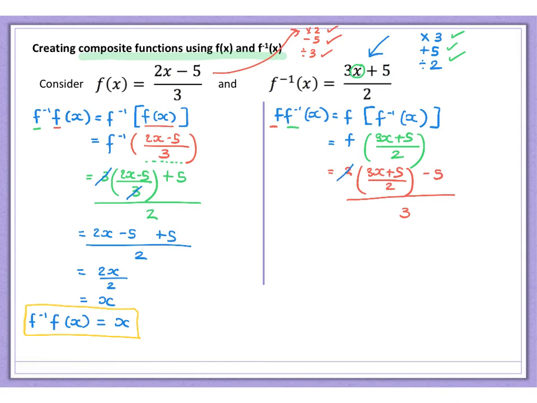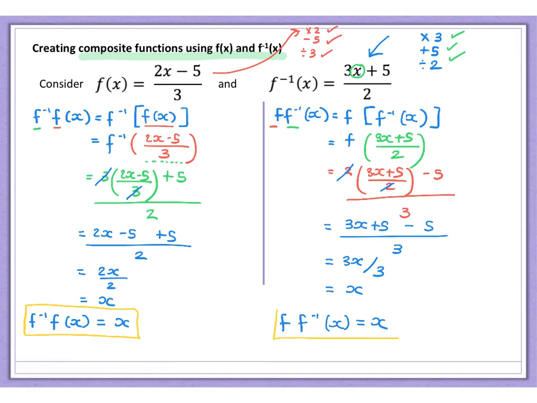Similarly to last time, multiplying by 2 cancels out dividing by 2. So we're left with (3x + 5 − 5)/3, which simplifies to 3x/3, which simplifies to x. So interestingly, we can see that f(f⁻¹(x)) also equals x.